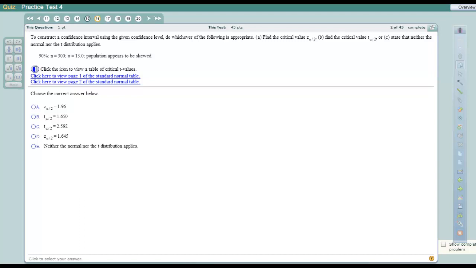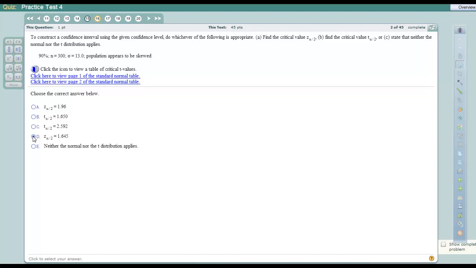So if we're doing 90% confidence, we might already know that number. It should be 1.645. If you didn't know that, you could do inverse norm of 0.05 on your calculator, and that should give you plus and minus 1.645.